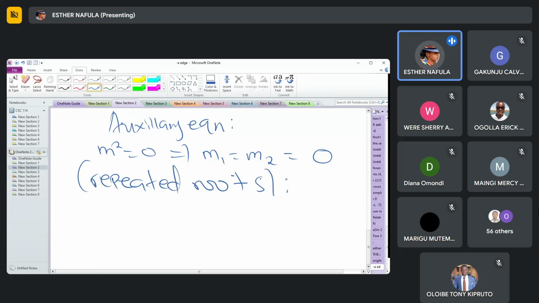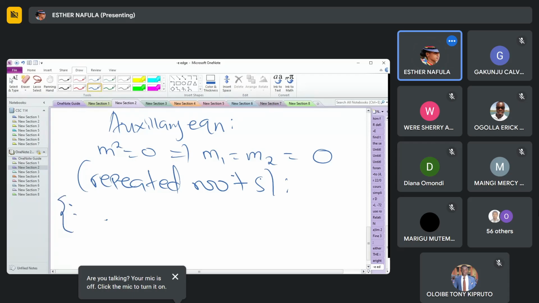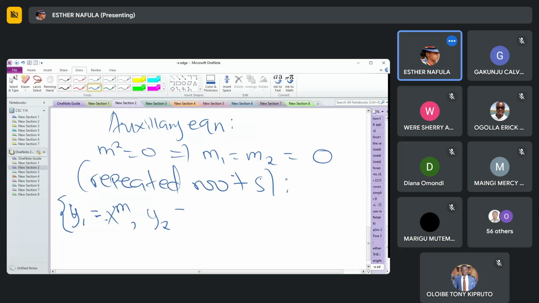If you have repeated roots, if you're dealing with Cauchy-Euler in x, y1 is x to the m, y2 is x to the m ln x.